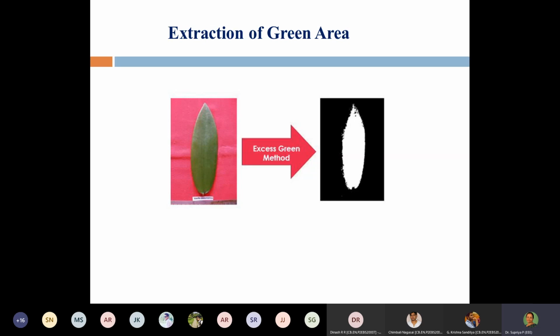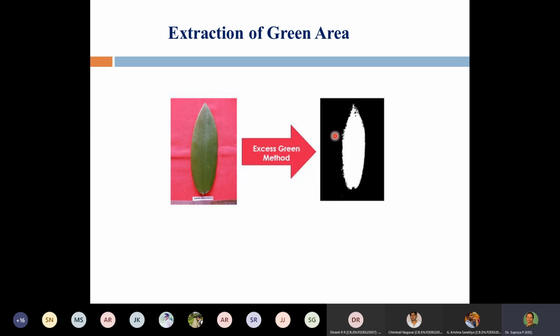Once the green area has been identified, the next thing is to find out the length of the leaf, the perimeter of the leaf, and the area of the leaf. Can I say that if the area of the leaf is, for example, 5, it is the cultivated species? In order to arrive at this, we need to do some processing.